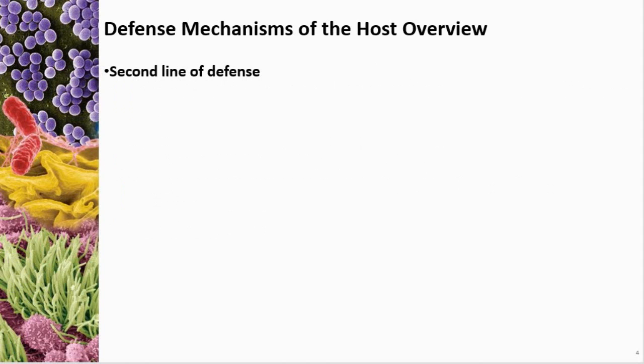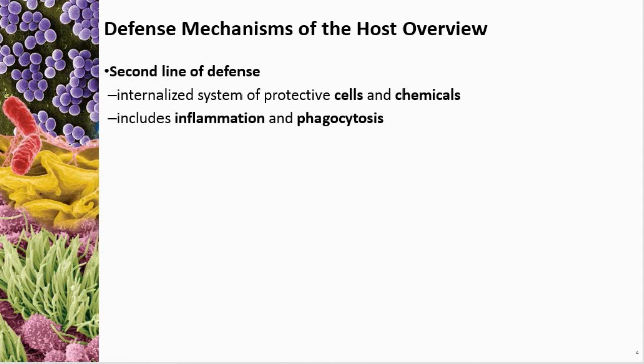Very general in action. So the second line of defense is the system of cells and chemicals that protect us by resisting pathogens. Inflammation and phagocytosis are parts of this, because inflammation is a generalized reaction. Phagocytosis is of course the ingestion of foreign particles or cells by cells called phagocytes, such as macrophages and whatnot.